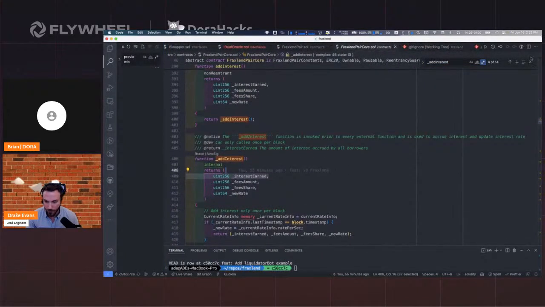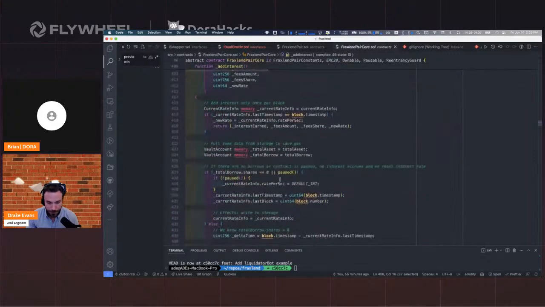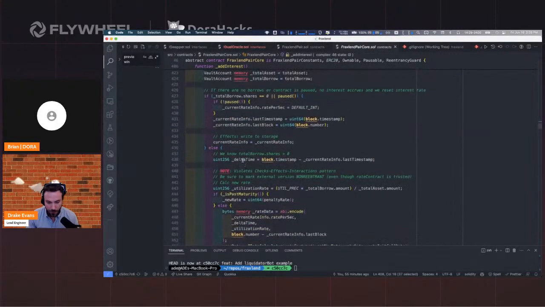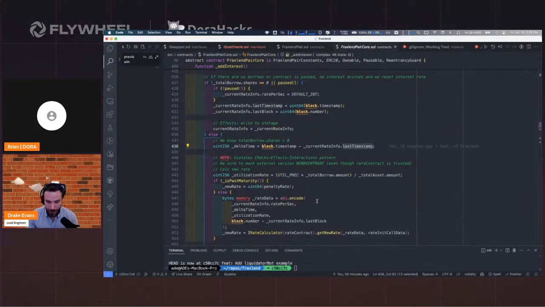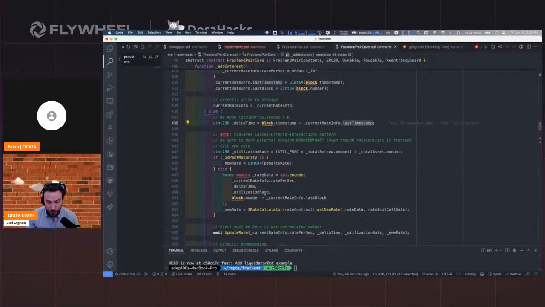We'll Control F it, that's fine. So you can kind of follow this through here, but first you have the delta time. We're going to use this last timestamp, and then we're going to use the new rate to calculate the rate per second, and we're going to call the rate calculator get new rate.